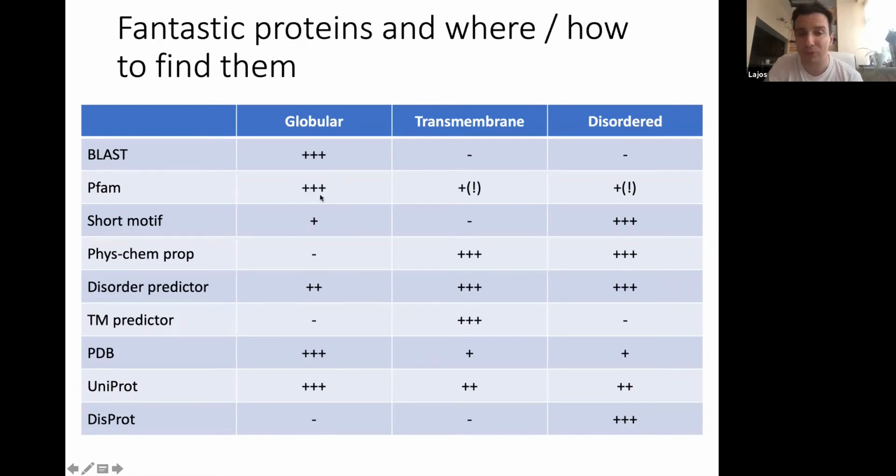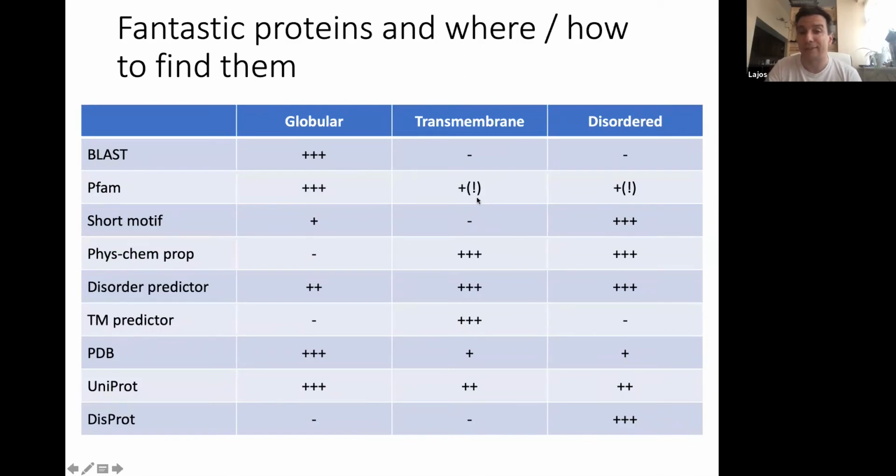Pfam, which we already discussed a few meetings ago, is very good at identifying globular domains, because Pfam is based on the conservation of sequences. If they are well conserved, then Pfam will identify them with very high accuracy and reliability.